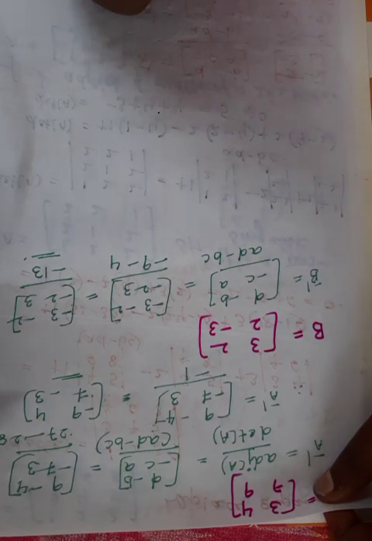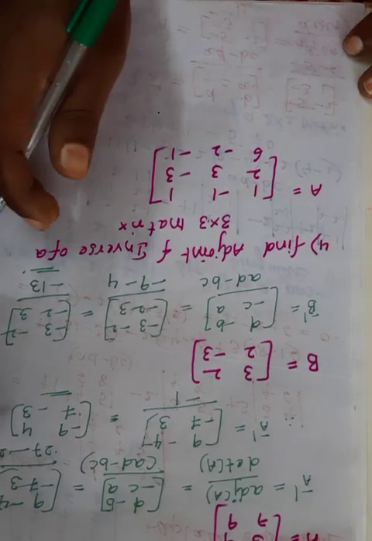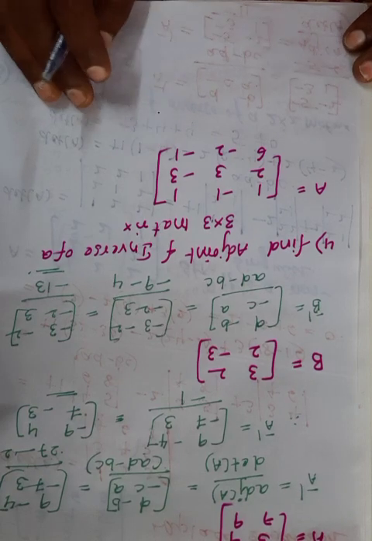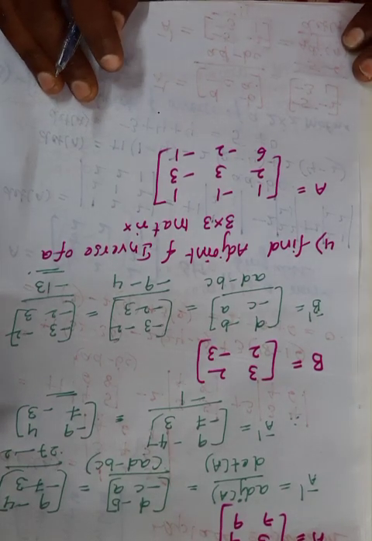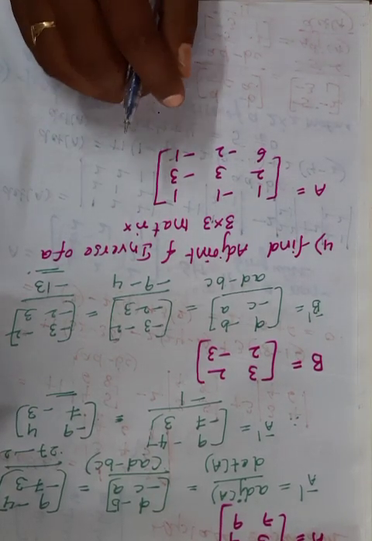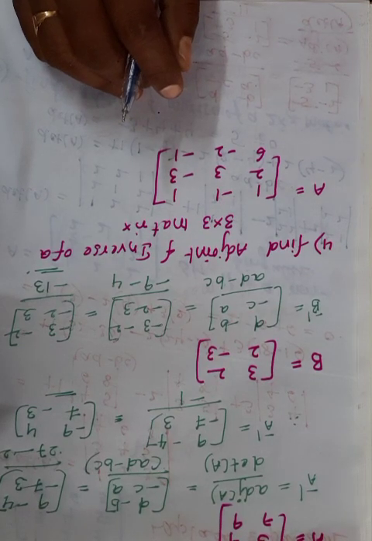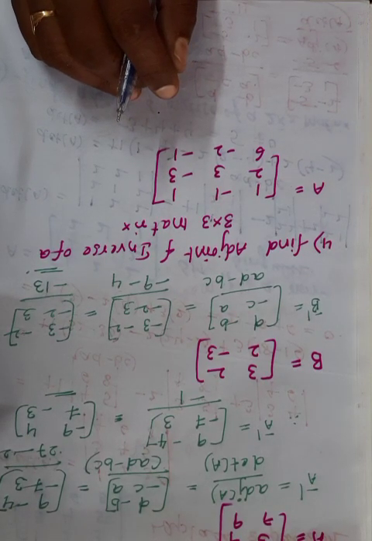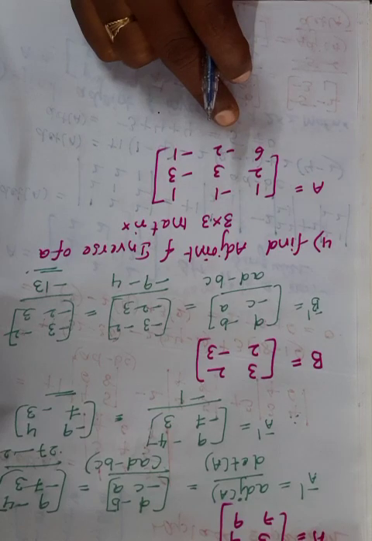Next we shall discuss 3 by 3 matrix adjoint and inverse. Here our next question is find adjoint and inverse of a 3 by 3 matrix where A is equal to 1 minus 1 1, 2 3 minus 3, 6 minus 2 minus 1.